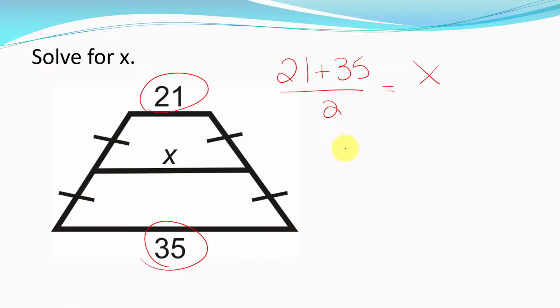So 56 divided by 2 gives you the midsegment. So 28 equals x. It is the average between the two other ends.